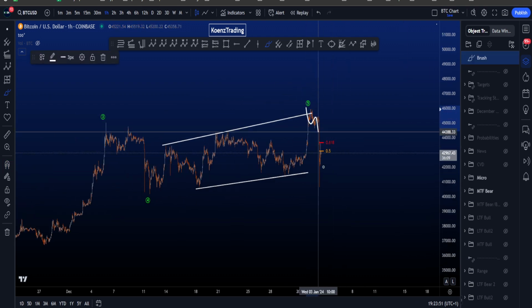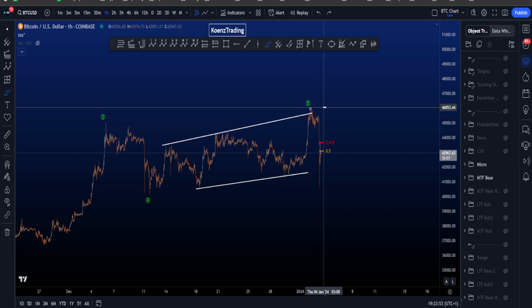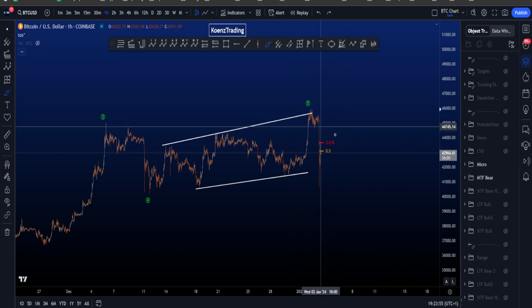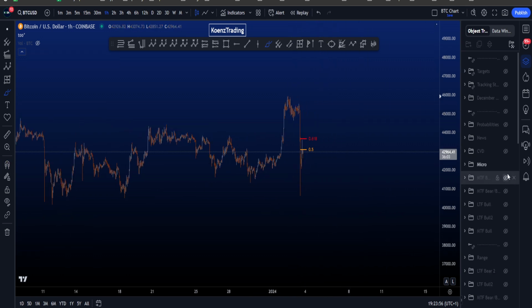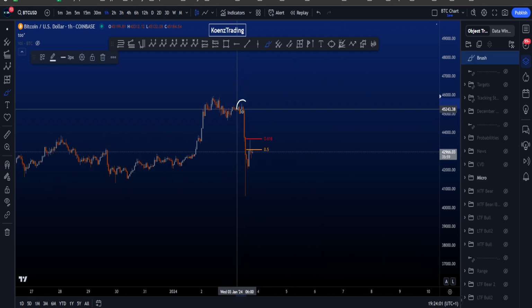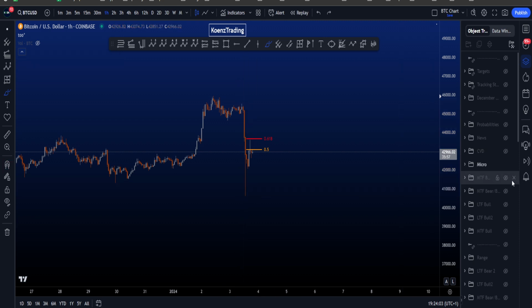However, if this becomes a 3-wave structure, it increases probabilities as well to still take the high, right? So we take it step by step, but this is why that 0.618 is so important, which is taken, by the way, from the high here to the low.